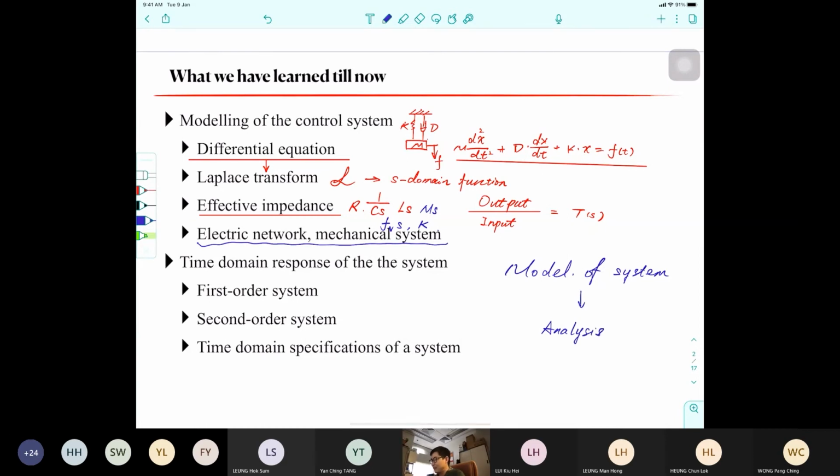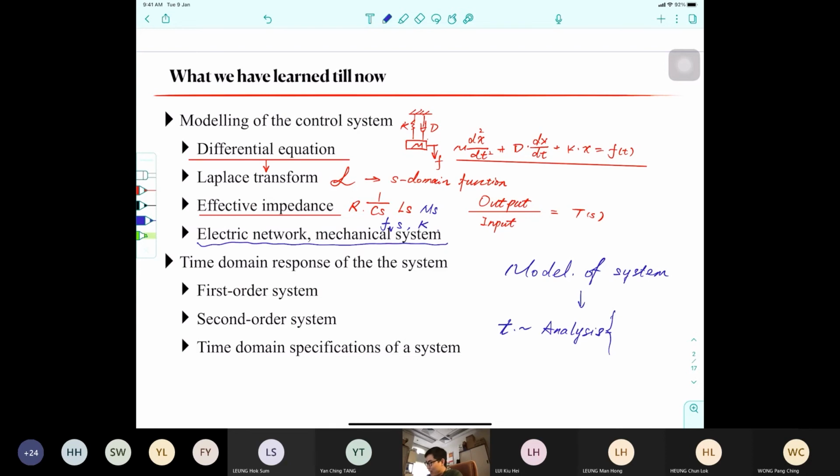So we got the analysis. And after analysis, we can get the characteristics or properties of system, such as the time domain. In time domain analysis, we got some specifications, right?